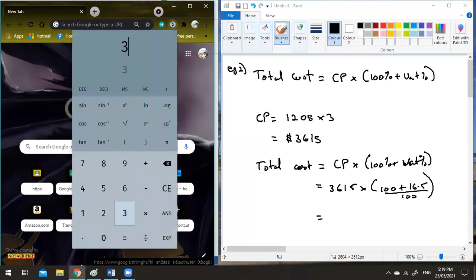So 3615 multiplied by, I'll do this in a double bracket, 100 plus 16.5, close this bracket, divide by 100.